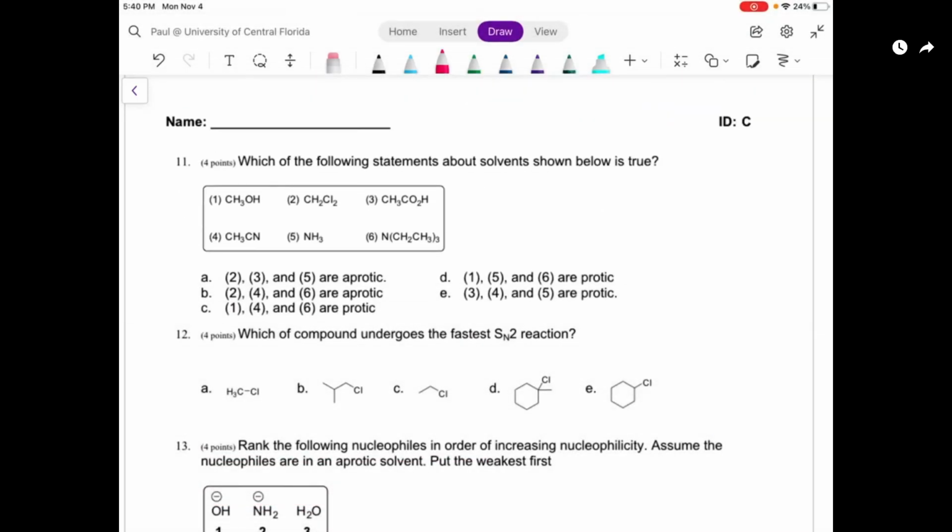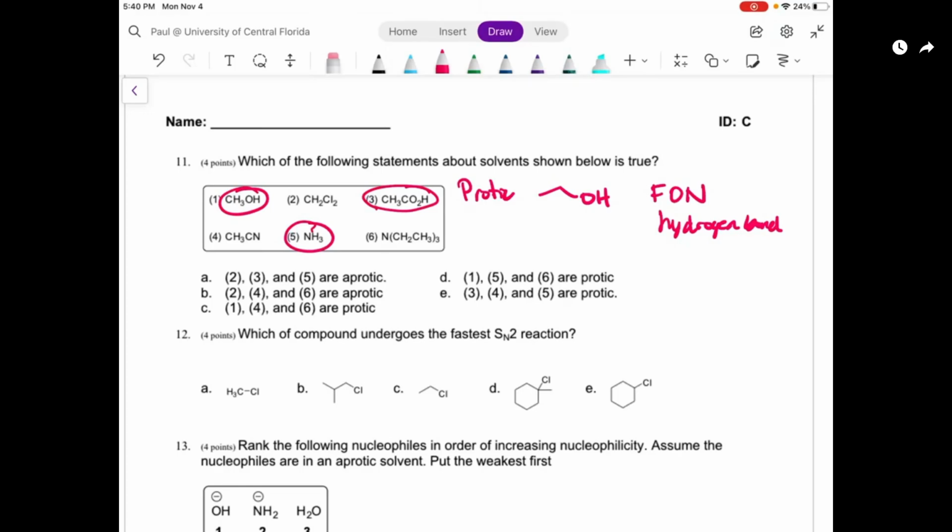Question 11, which of the following statements about solvents shown below is true? Well, just remember, protic solvents are molecules that have hydrogen atoms that are attached to fluorine, oxygen, or nitrogen. Hence, they can hydrogen bond. And so which ones can hydrogen bond here? That guy, and that guy.